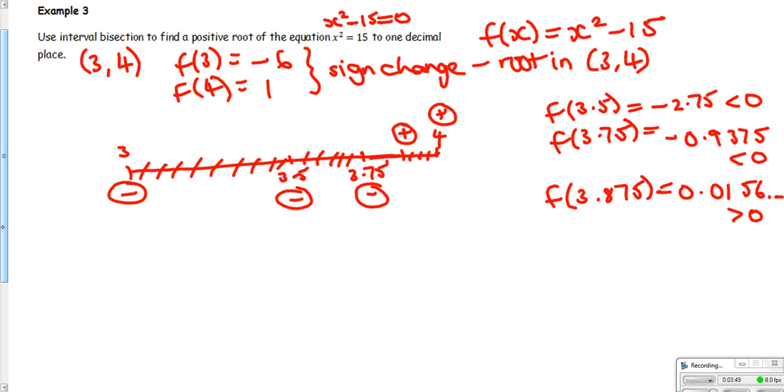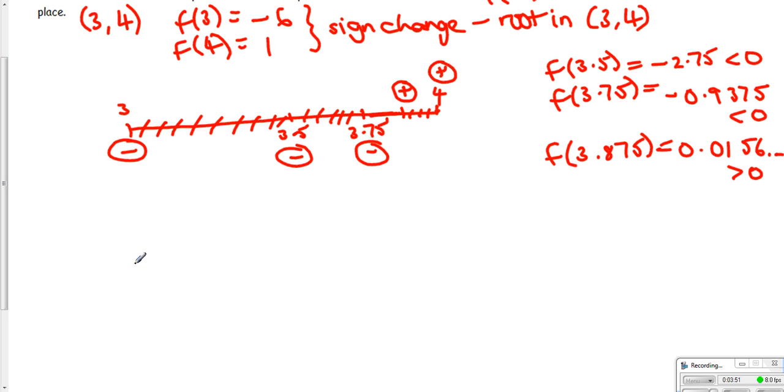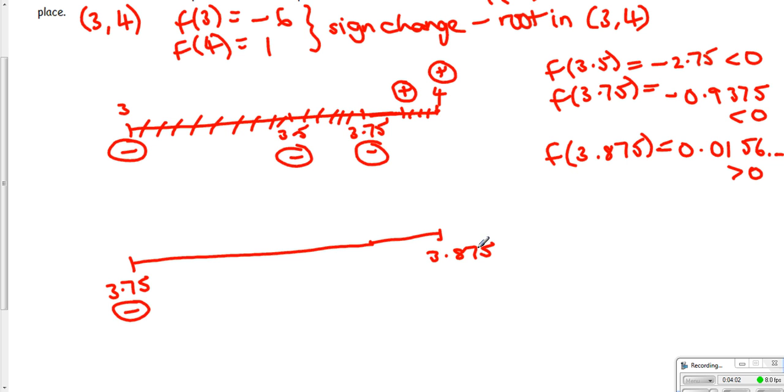So I'm going to now start another picture underneath because I'm running out of room on that one. So I know that we've narrowed it down to 3.75 at one end, which is negative, and we have 3.875 at the other end, which is positive. So I'm zooming in on this little interval here where the sign change occurs.